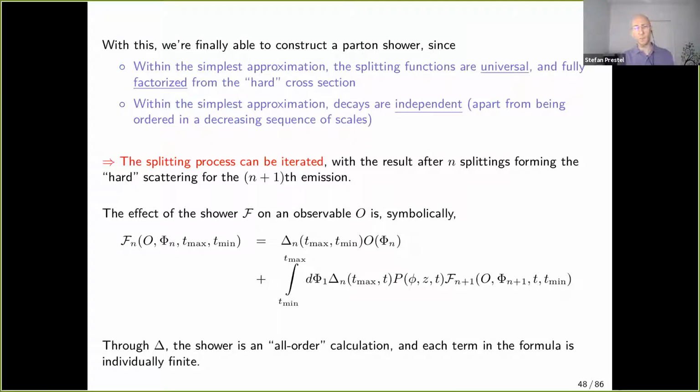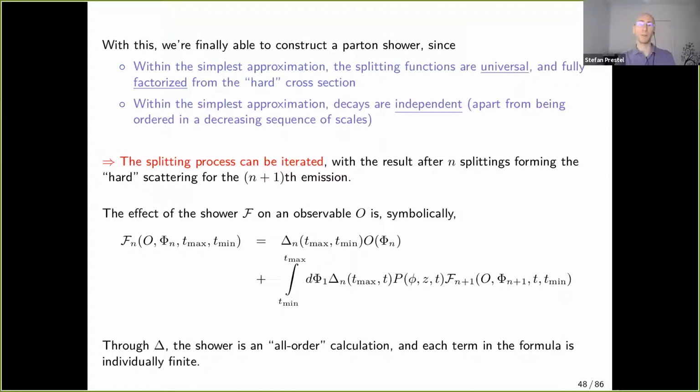Symbolically, this is often written in terms of a shower, quote-unquote, operator, F. If this shower operator acts on a phase space point with n partons, and you want to measure the observable O on that phase space point, and the shower is allowed to produce any emission scale between a maximum value and a minimum value, the result is that potentially the sample itself does not change, so the number of particles stays the same.